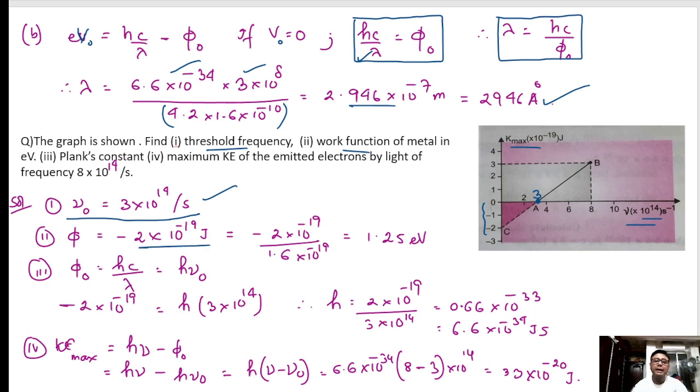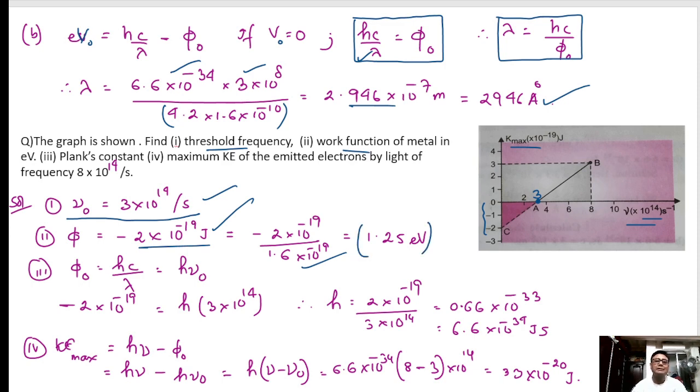This is negative. That means this much kinetic energy is negative, which is not allowed to come to the plate A. So the work function will be the intercept on the y-axis, which is this many joules, and if I divide by 1.6 into 10 to the power minus 19, this is the work function.